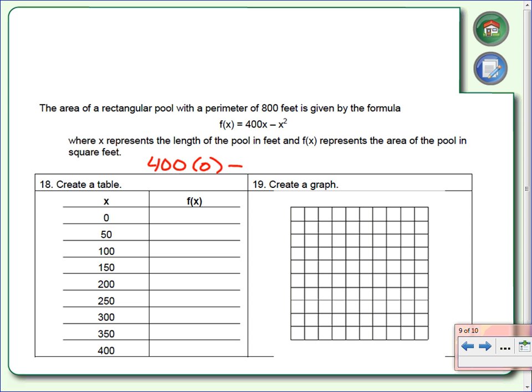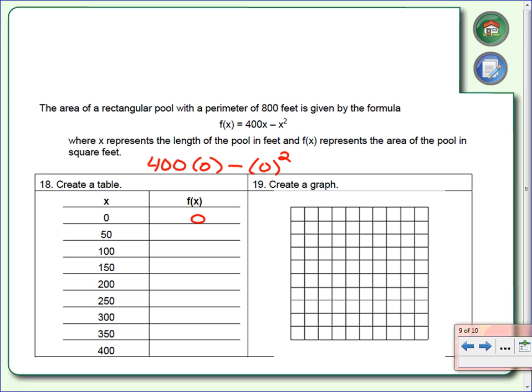Minus, I have another x, I'm going to replace that x with a 0 as well. And then don't forget the little square here. So this is what it should look like in your calculator. When you have that in your calculator, hit enter. What number do you get? 0. So right here we're going to have 0.